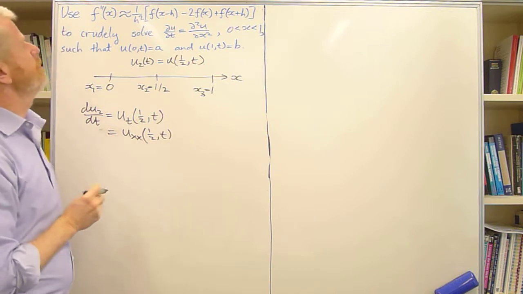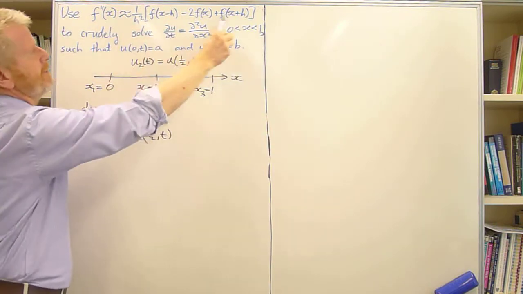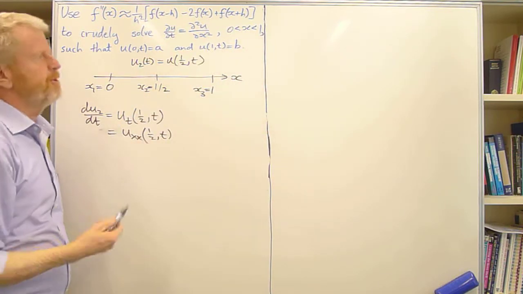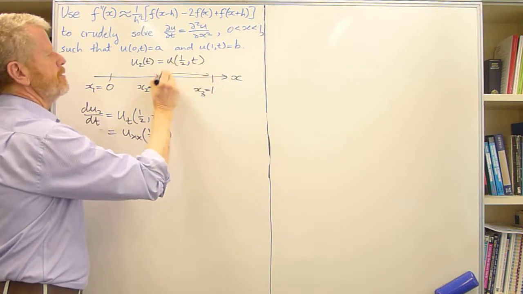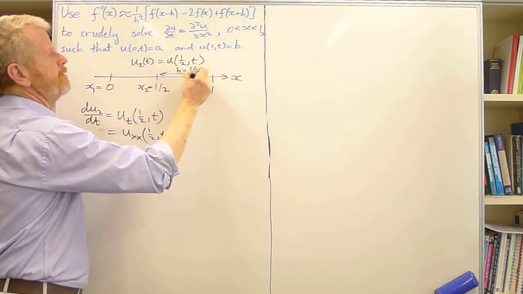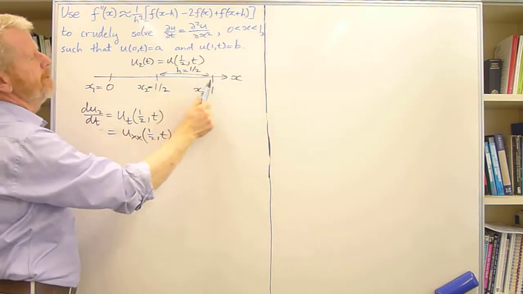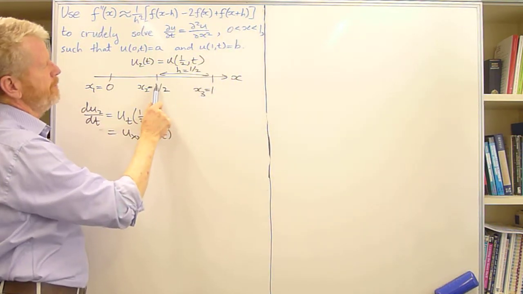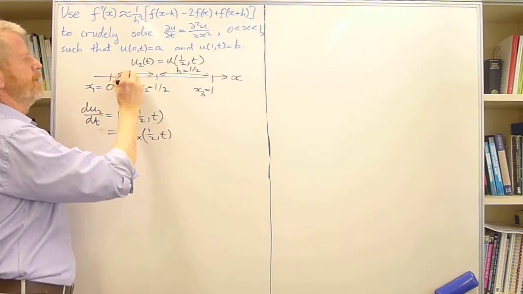But now we've got a formula for the second derivative, an approximation, and that's this. And so the question is, what value of h can we use? And the answer is, let's use h is equal to half, so that when we go to u of x plus h, that's u of x plus a half, and we'll go from a half to 1. And similarly back here.